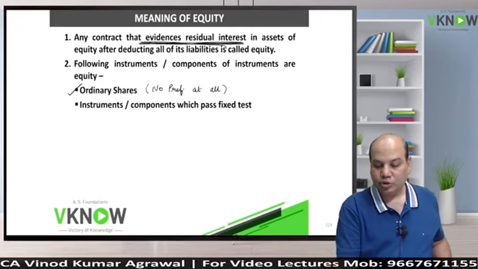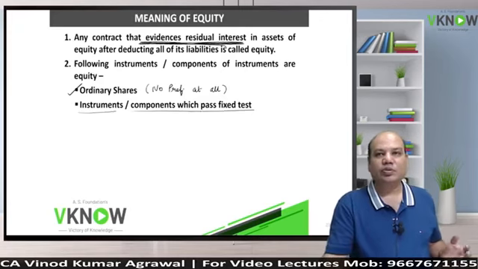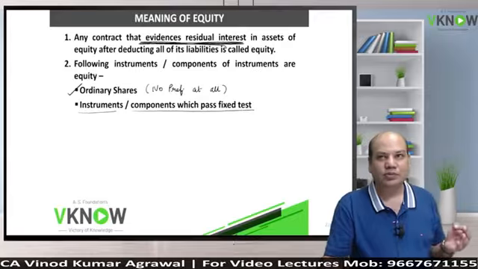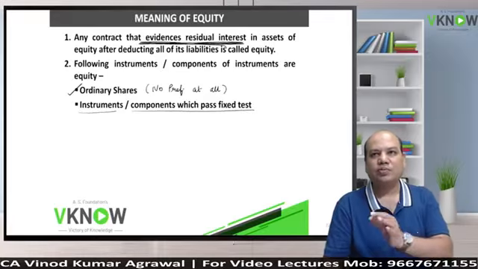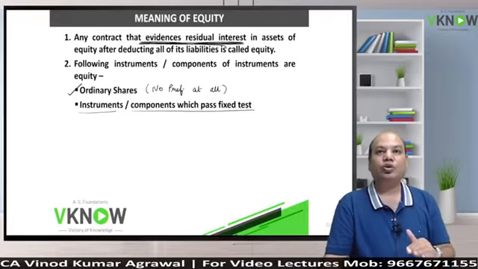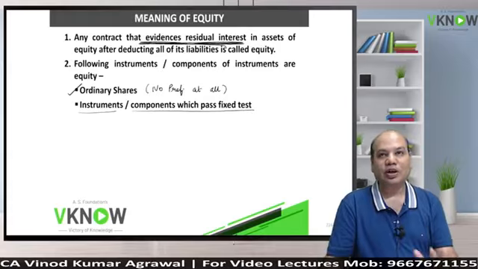Then those instruments or components which pass the fixed test, like the definition we have seen, if a contract has a fixed amount of cash against a fixed number of shares, those contracts are also equity contracts.